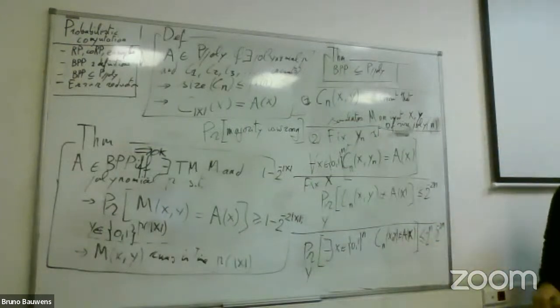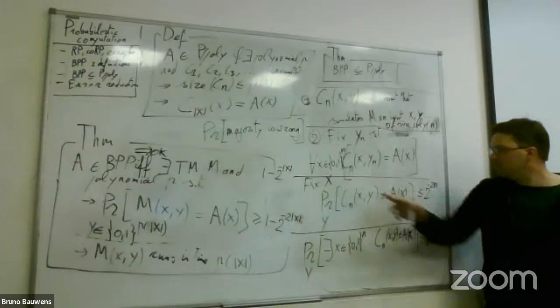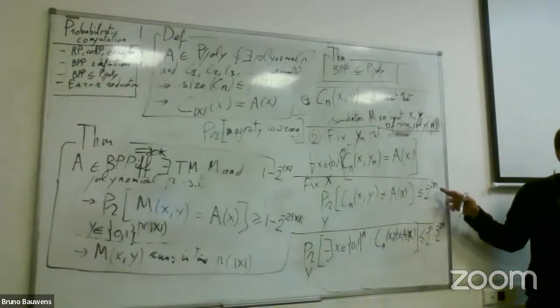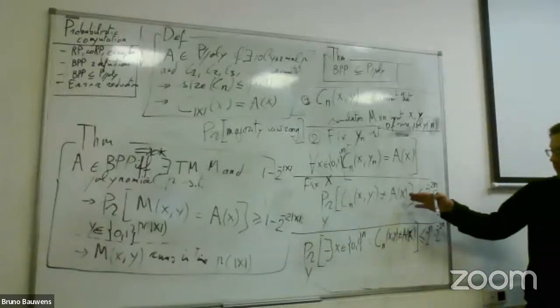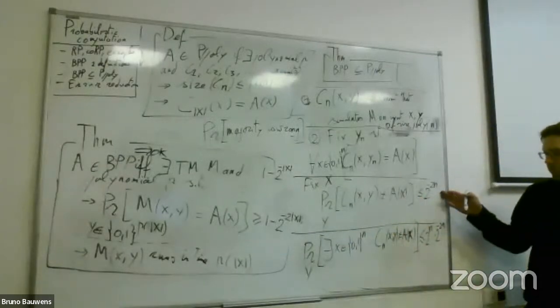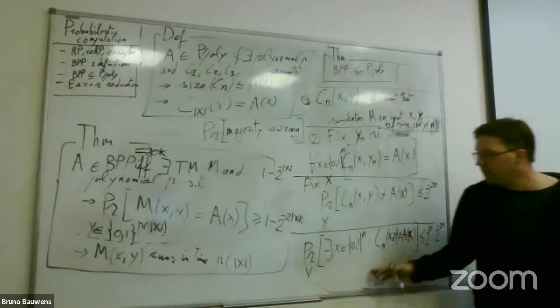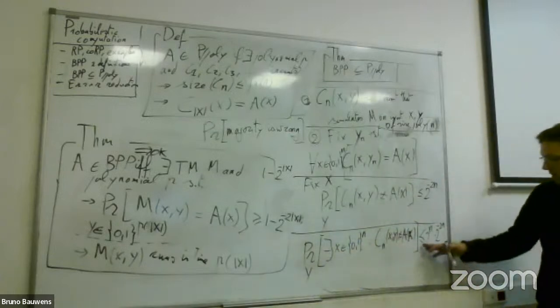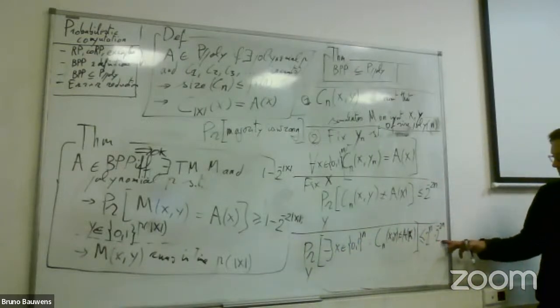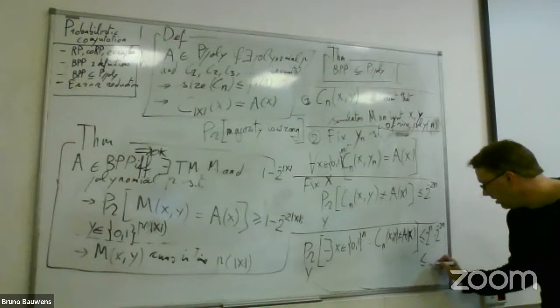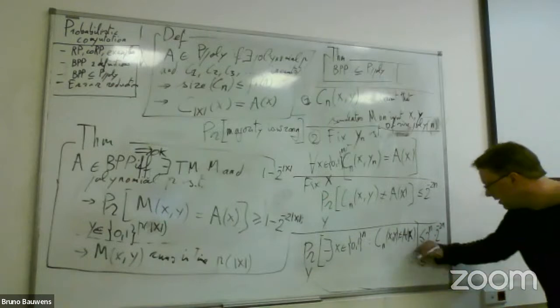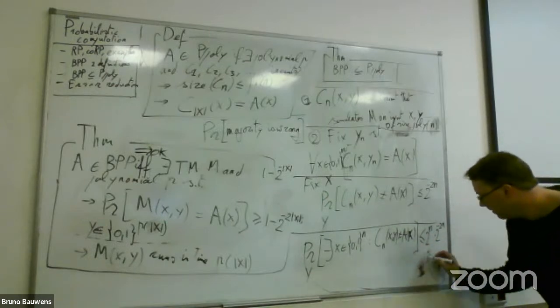Right? So for a fixed x, we have this probability. By union bound, failing for some x happens with probability at most 2 to the power n times 2 to the power minus 2n. And so this is clearly strictly smaller than 1.